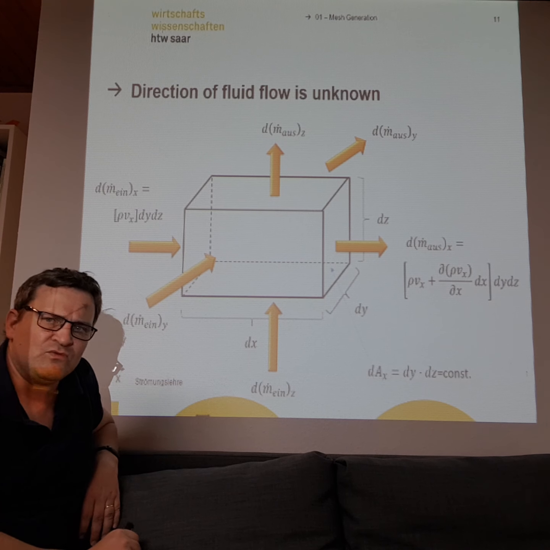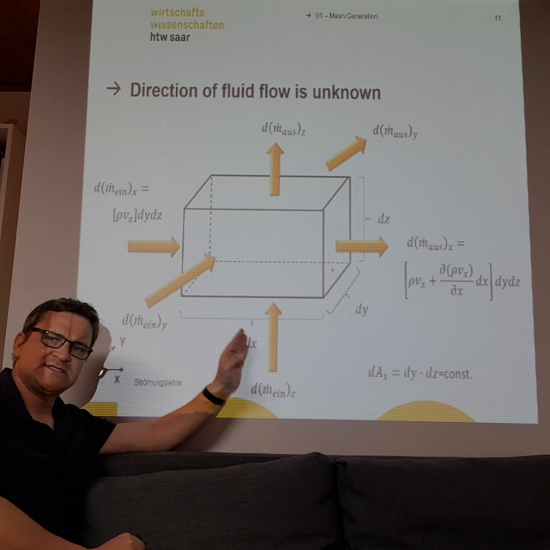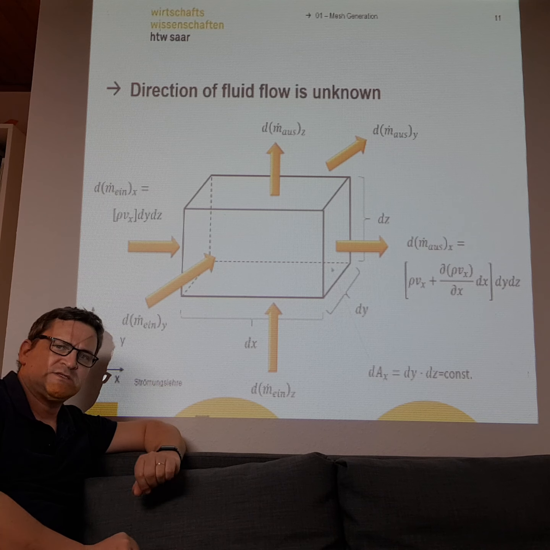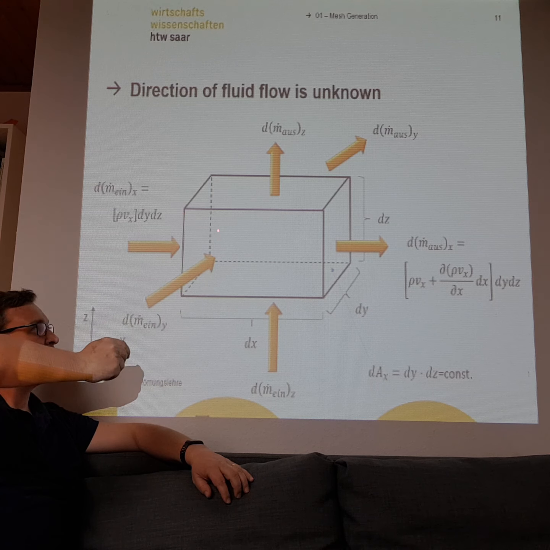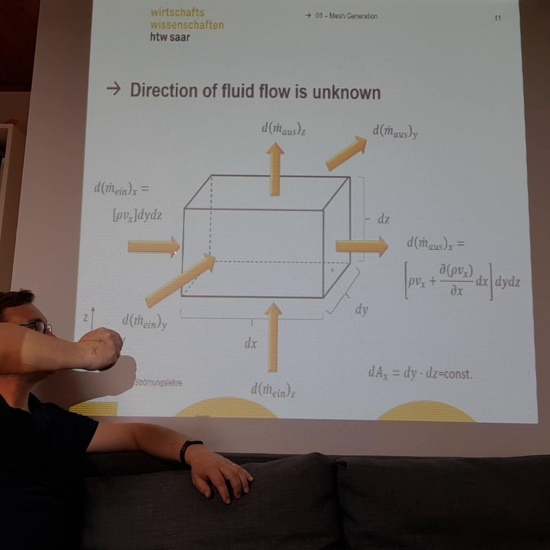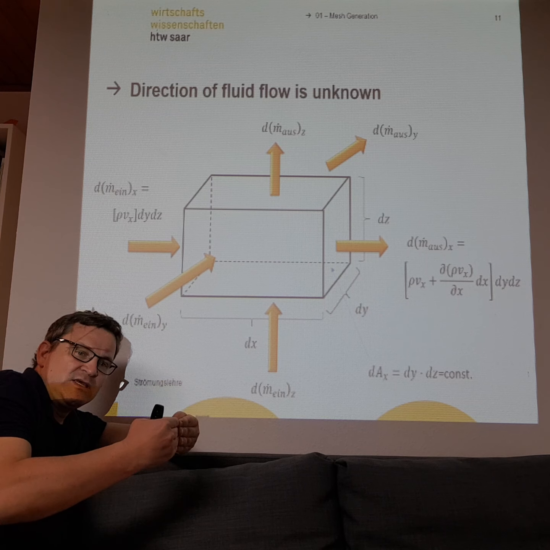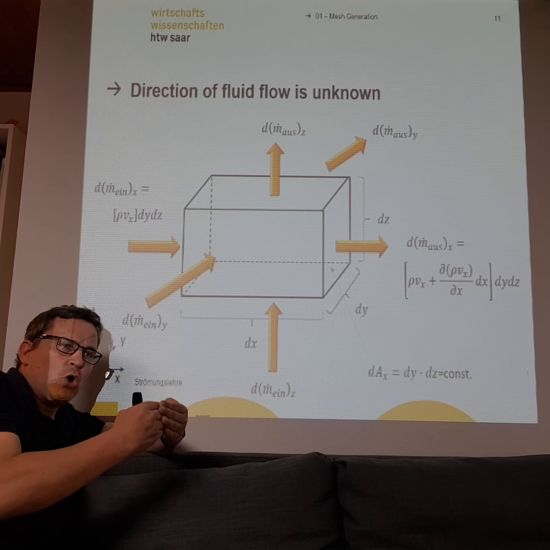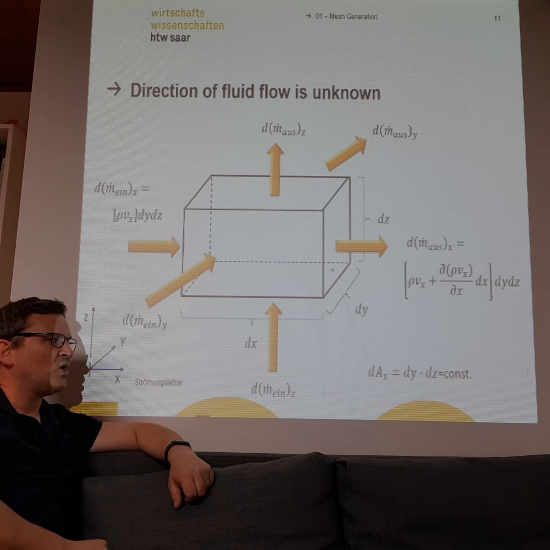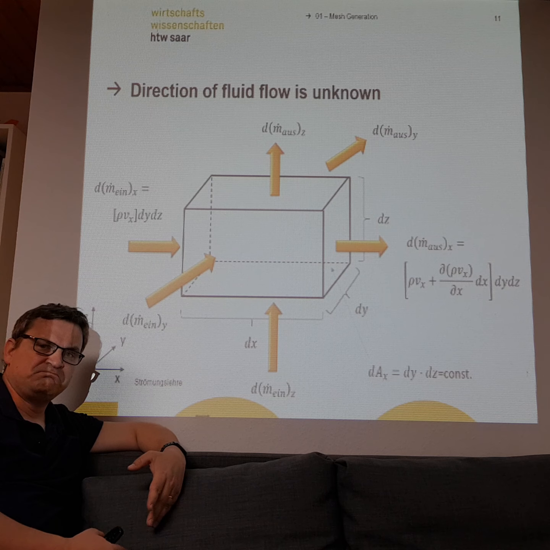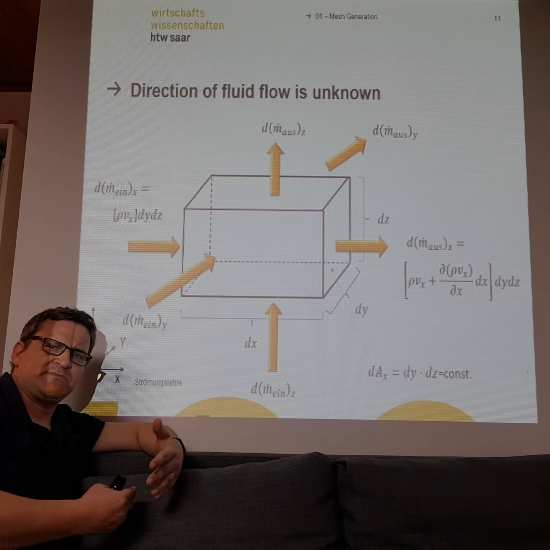And it gets even worse. There will also be fluid coming from the other cells into this cell. So you see, if you have this hexahedral mesh cell, you have about 6 different faces from where fluid can come into your region or exit the region. And how can we solve this problem? It's easy. We just calculate all the possibilities.